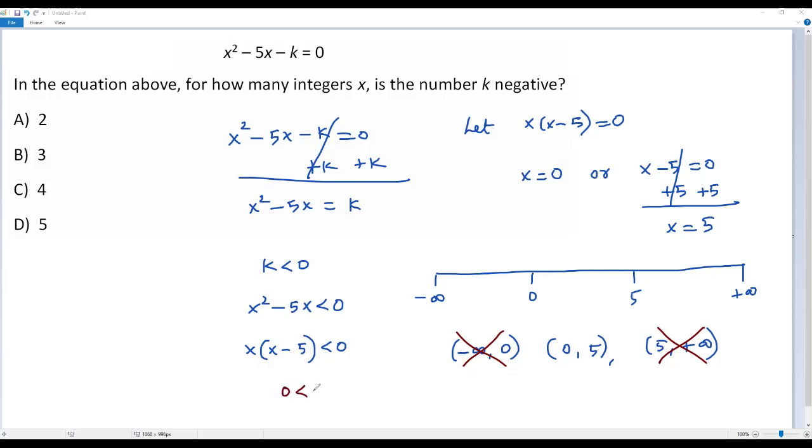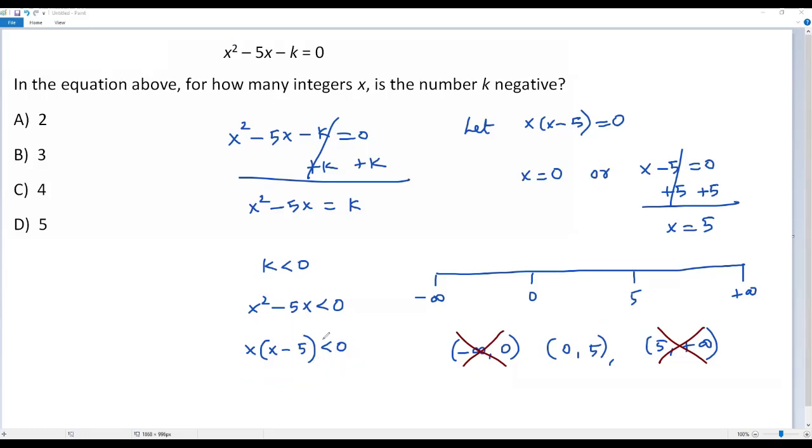Again, we get a false statement. That is, 0 less than 0 will not work. So the boundary values 0 and 5 will not work with this inequality. Only the values between 0 and 5 in this interval will work.